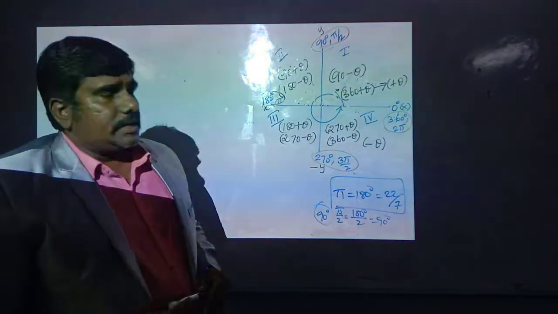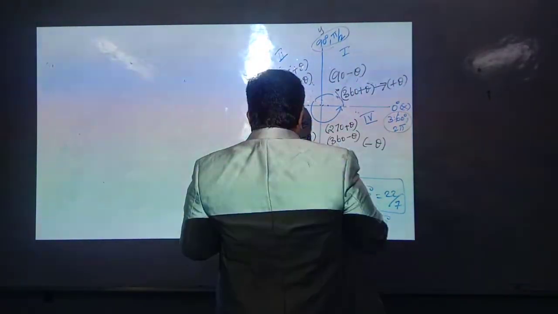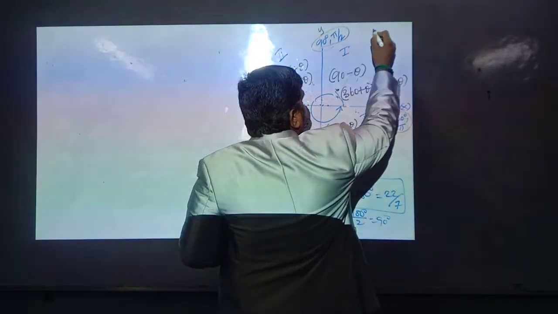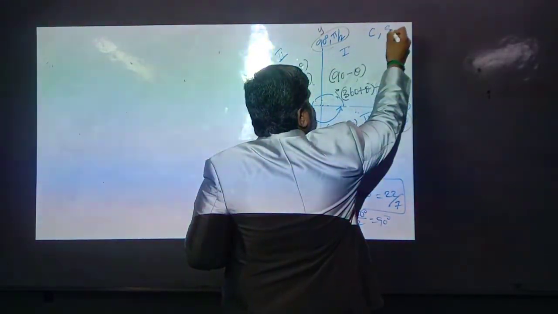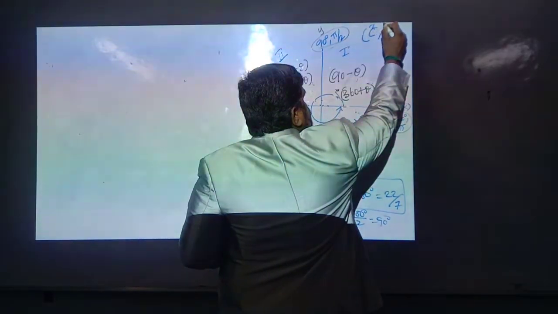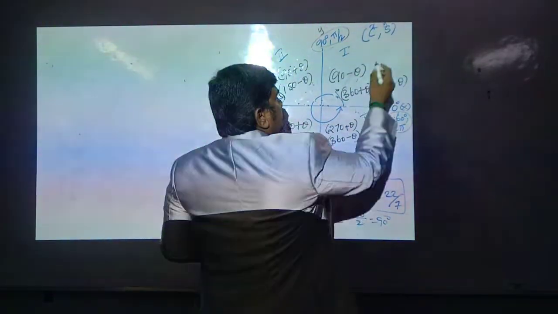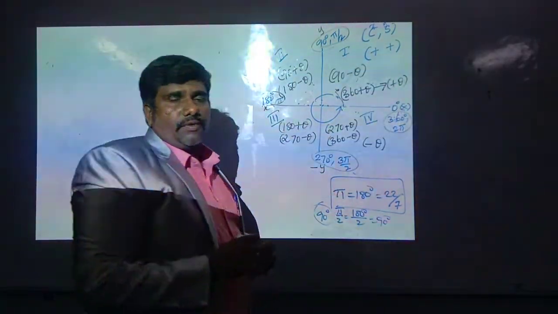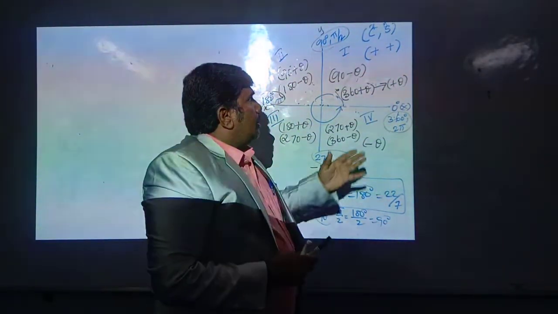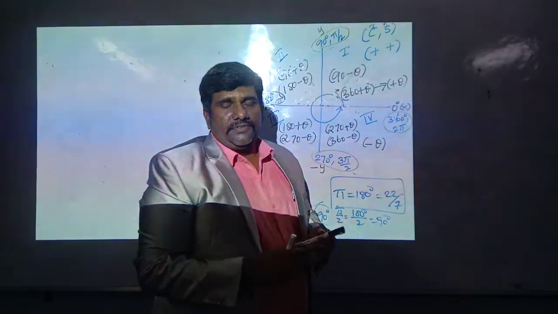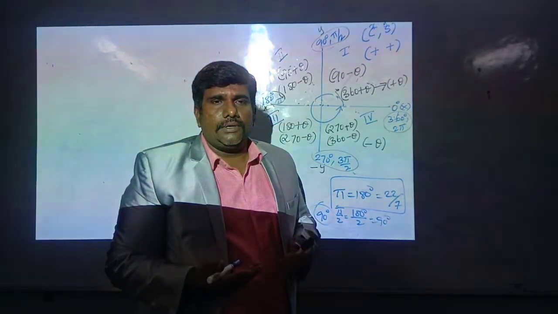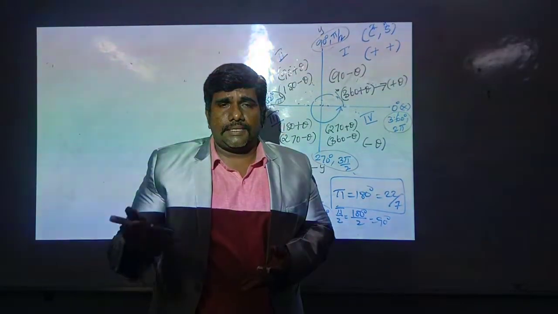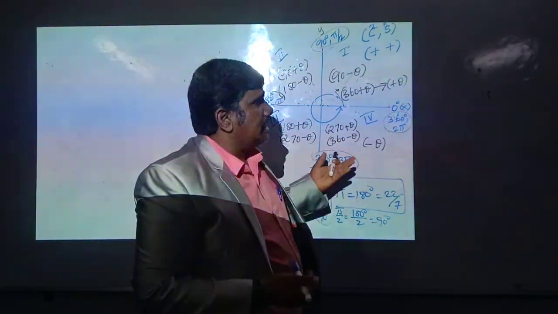Because in the first quadrant, both trigonometric functions, we always denote cos first and sine next because it's the x and y axis, take positive values. That means if sine and cos are positive, definitely tan theta would also be positive, because tan is nothing but sine by cos.